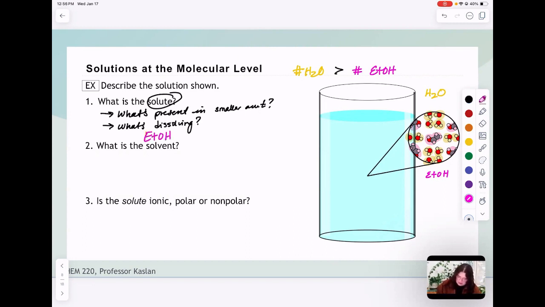Ethanol is the solute. It is present in the lesser amount. It is what is being dissolved by the solvent, which means that whatever is present in the larger amount is our solvent, which is our water.